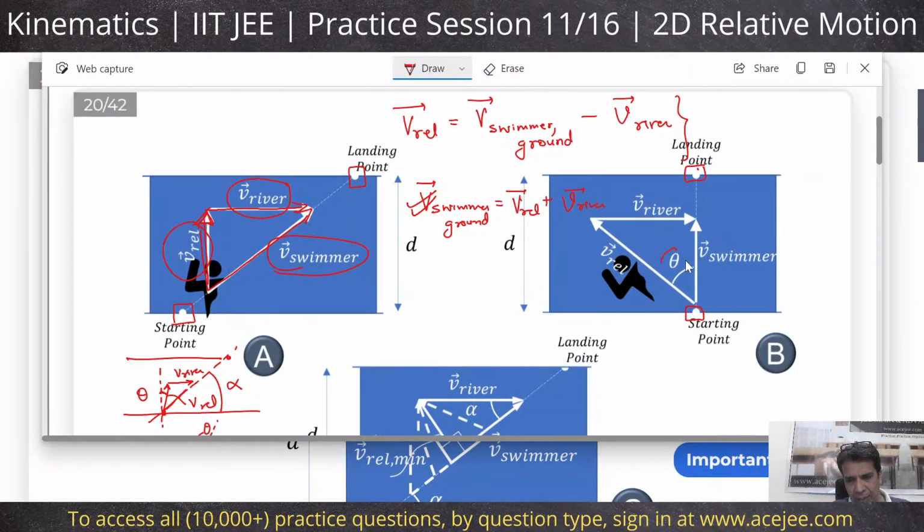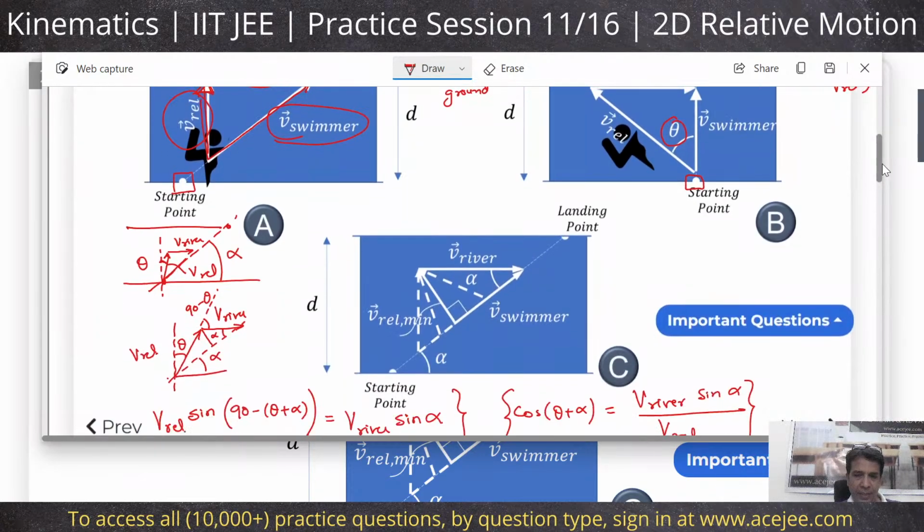Then at what angle from that line perpendicular to the shore should the swimmer set off swimming into the river such that he or she reaches the landing point just opposite to the starting point? Fairly simple and straightforward here. Correct, no, beta? Sine theta is V river by V relative. Correct, no?